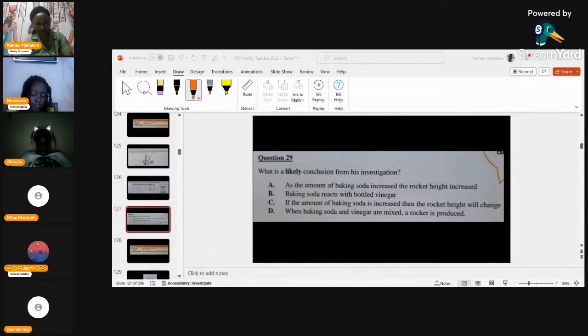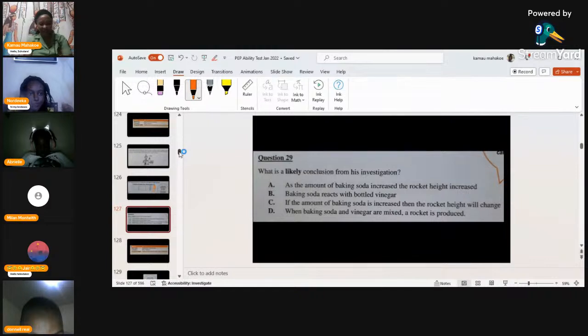Okay. What do you say, scholars? Which one? Did we create a rocket when we mix the baking soda and the vinegar? Miss A? So you're saying A, as the amount of baking soda is increased, the rocket height increases.